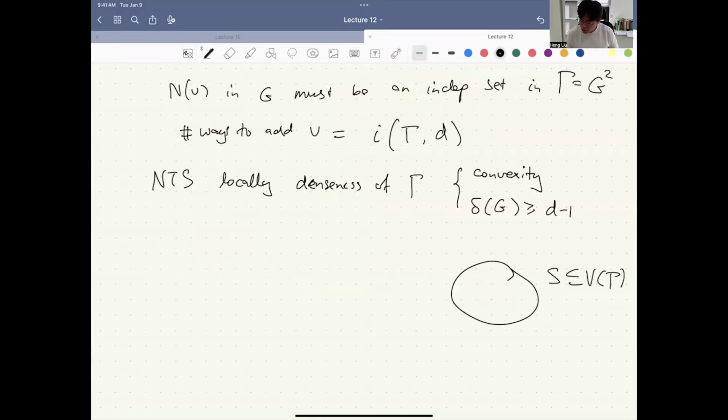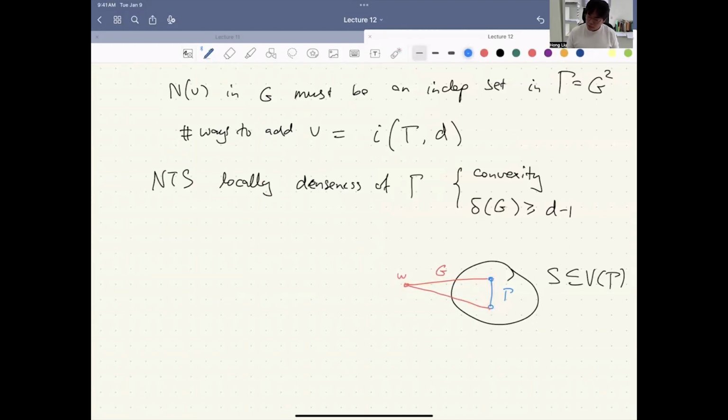When do we have an edge? Well, we have an edge in gamma if we have some vertex W with these two G edges, so these two are at distance 2 from each other in G, and you add an edge in gamma.